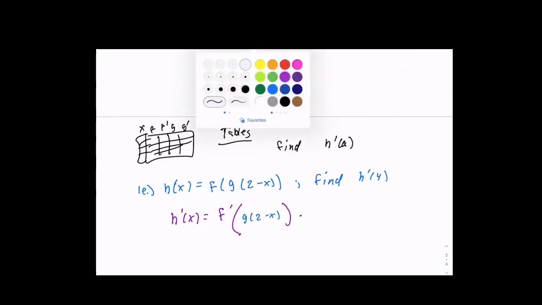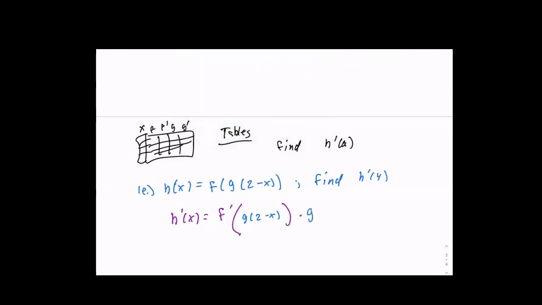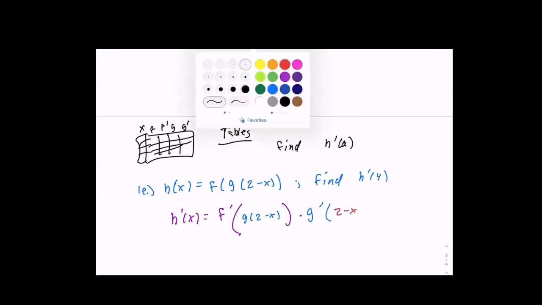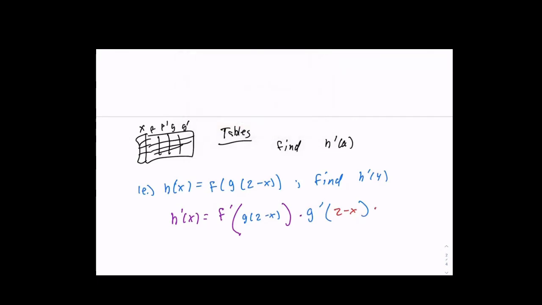Times the derivative of what's inside, which is g prime of everything stays inside, times -1.